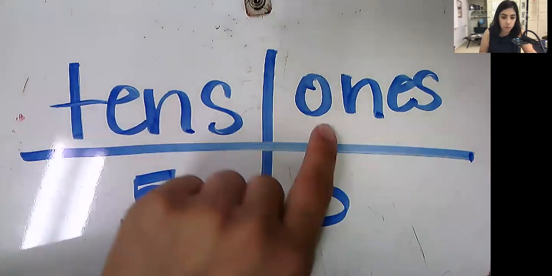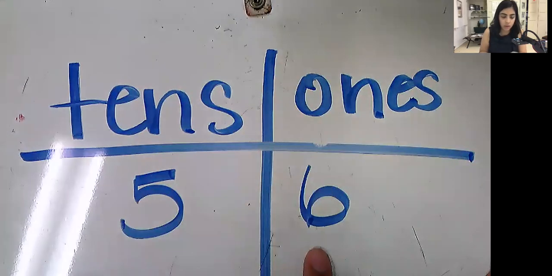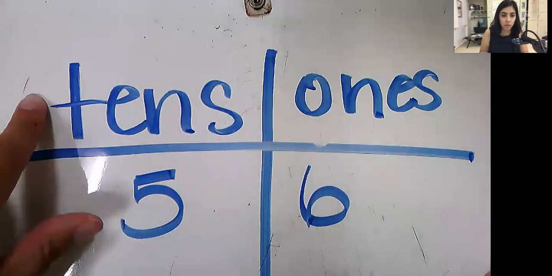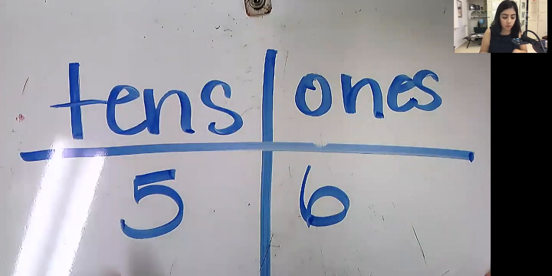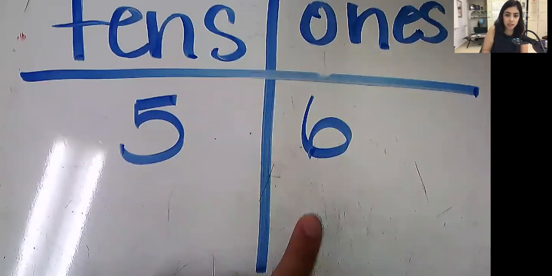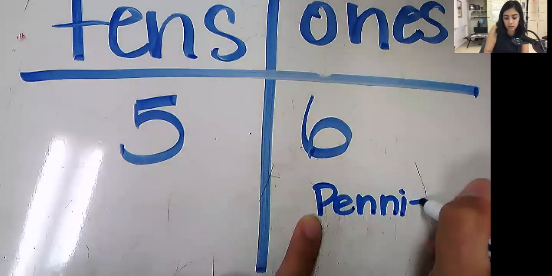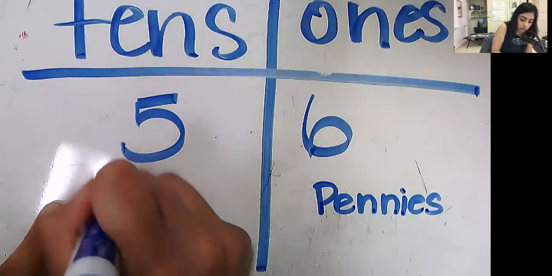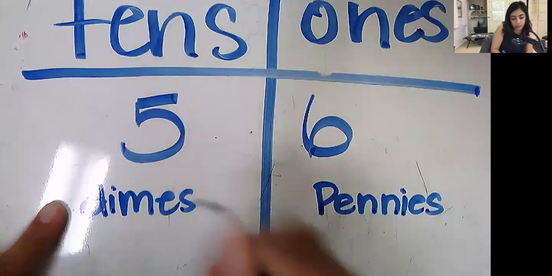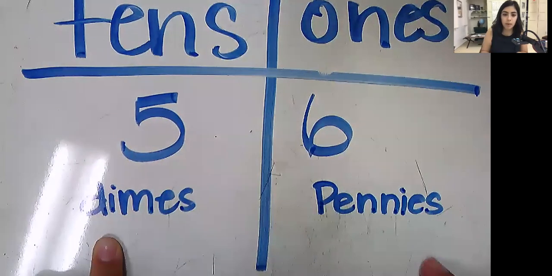How much are pennies worth? 1. How much are dimes worth? 10 cents. That's right. So 56 means I need 6 pennies and 5 dimes. Do you see that? Because 10 is a dime and 1 is a penny.